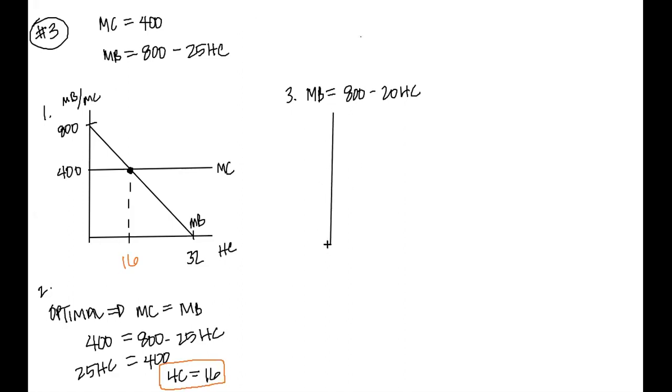So again, solving for this graphically. We have marginal benefit, marginal cost, human capital. Our marginal cost line did not change, so that still remains at 400.